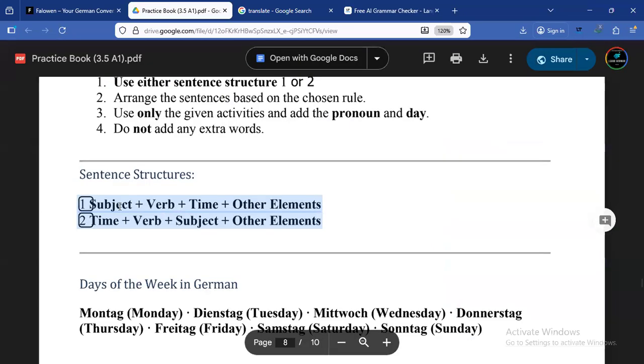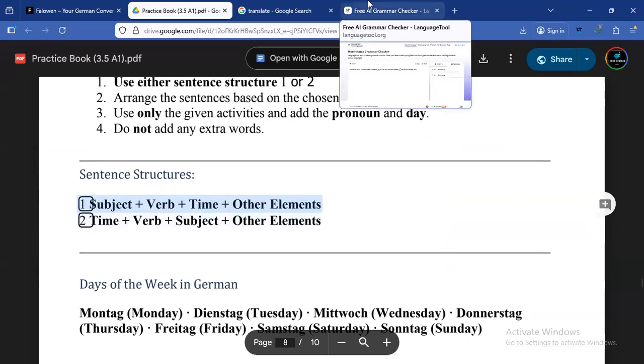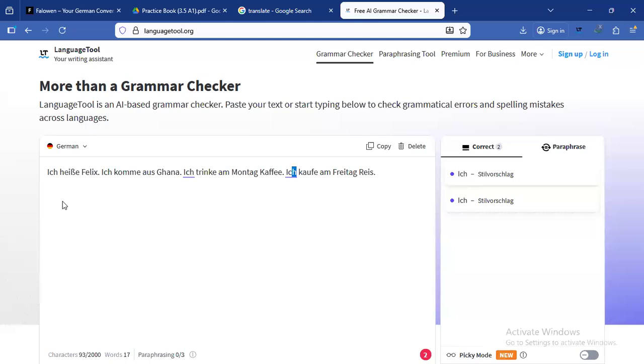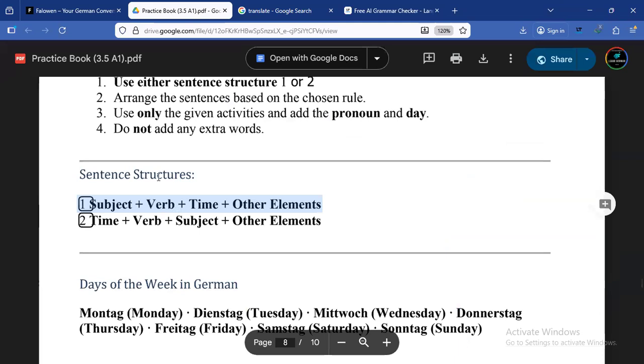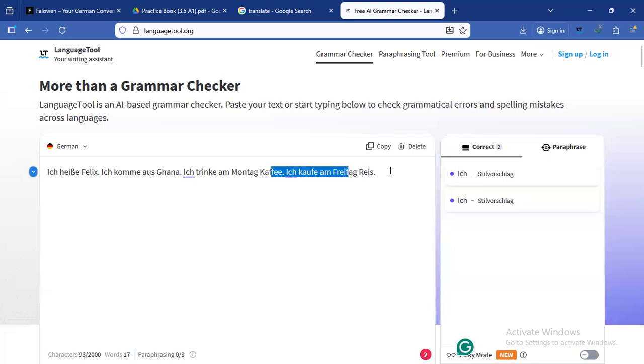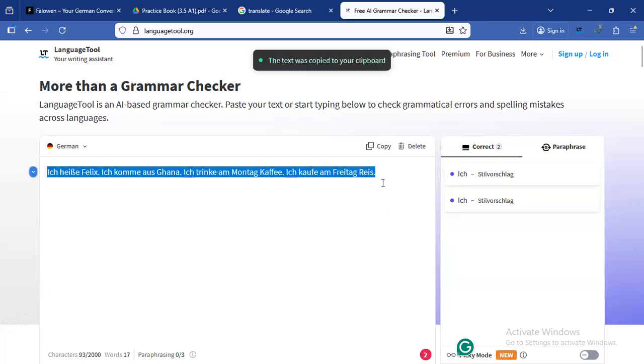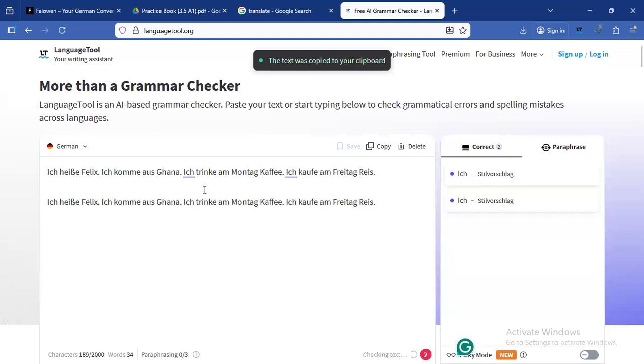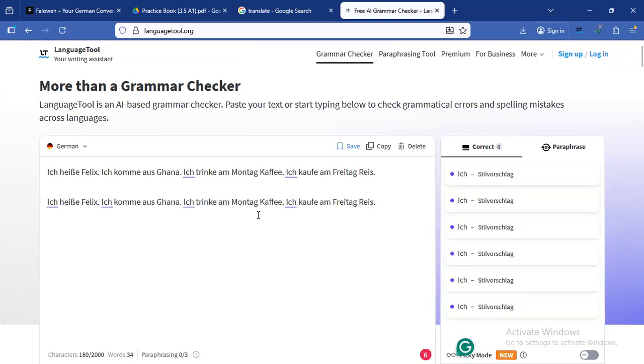So when you're always going to use rule 1 and you are just a student, the probability of you always starting your phrase with "ich" is very high. So when you have time in it, then we can sometimes use rule 2 to rearrange this one. So let me copy it and let me just switch here to time. So let me bring "Am Montag trinke ich Kaffee."